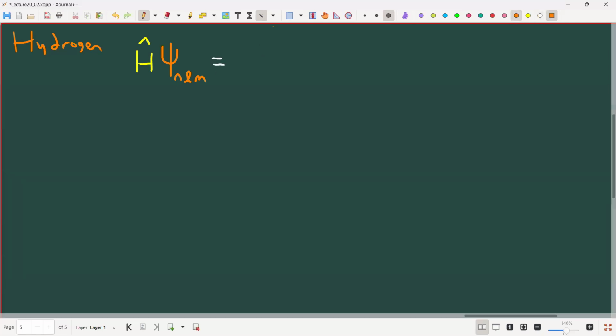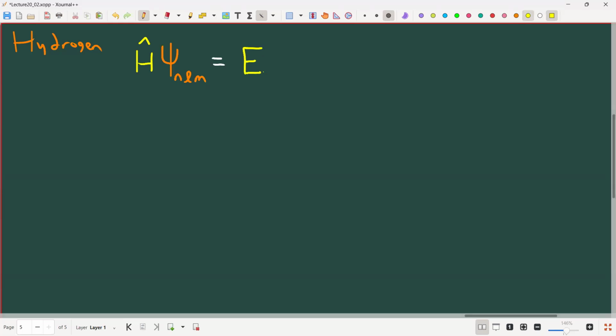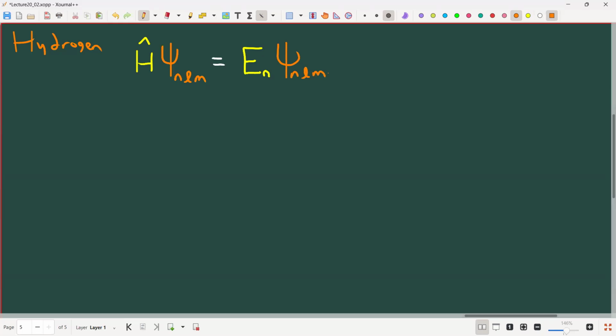And we know that when we do this, we're going to get an energy back, the energy of the hydrogen atom, say E sub n, times the wave function. We could go evaluate this. We've already written down the wave functions and Hamiltonian. We could go do that math if we wanted. Factor out psi and get E. But I'll just write down the answer.